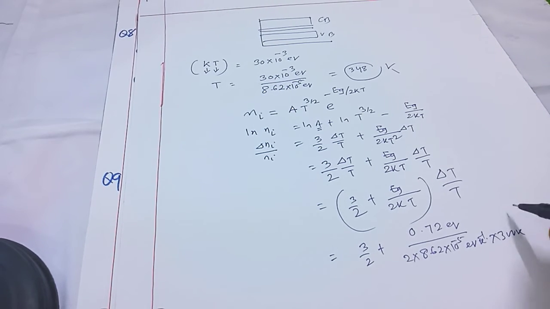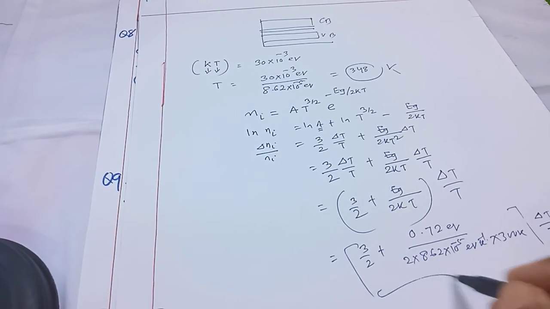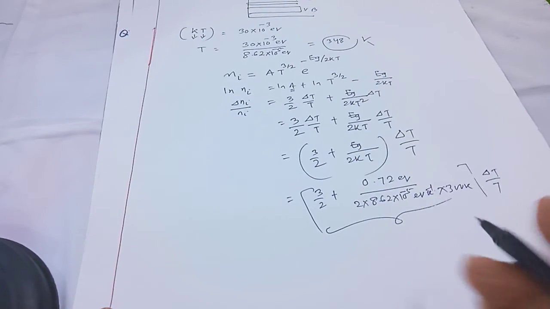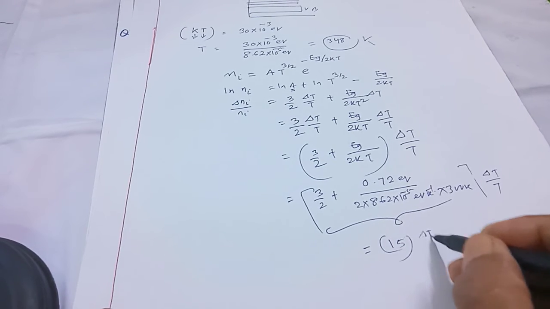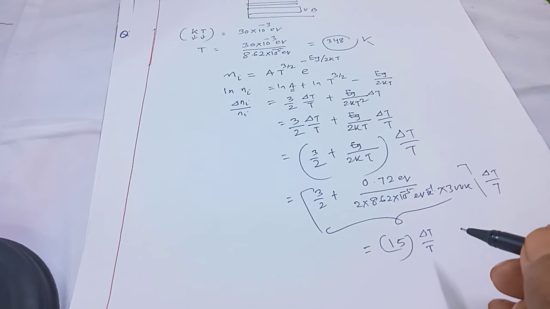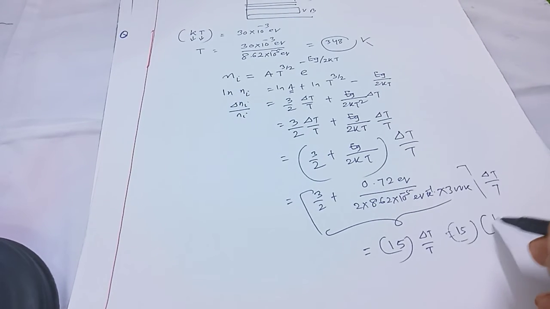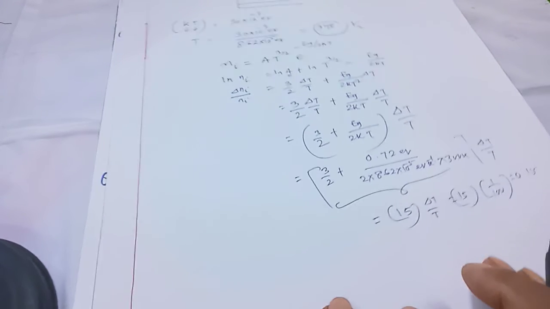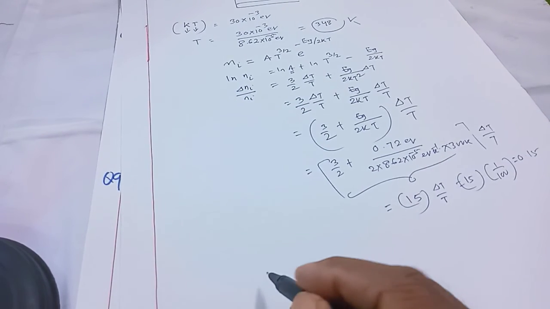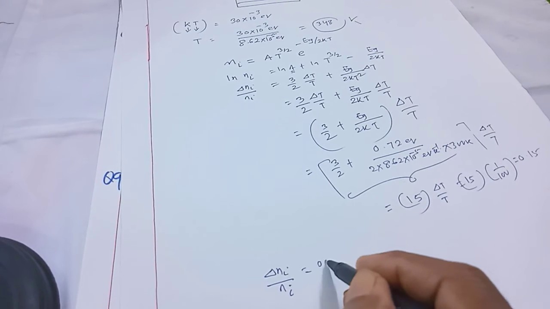Substituting all these values, this will turn out to be around 15 times delta T by T. Here it is given that the temperature increases by 1%. That means delta T by T is 1 by 100, so that is 0.15. So the fractional change in charge carriers is equal to 0.15.